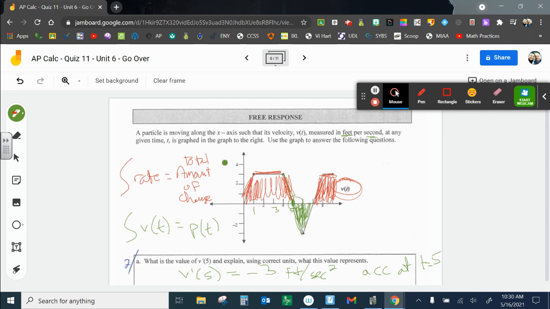So where I started from, where I ended, because we're doing both the positive values and the negative values. I think part D asks about the total change, and I should just leave that as the amount of change. We'll get to the total change in a little bit.